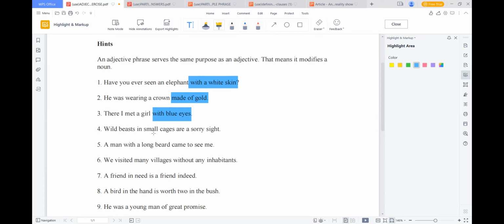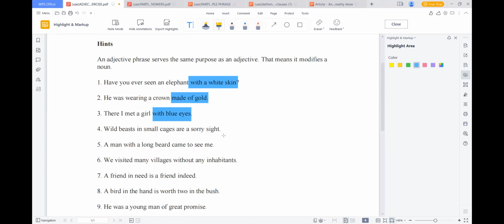Okay, can you read this one? Wild beasts in small cages are a sorry sight. Do you understand the meaning? 野生的动物在那个小的笼子里面. So what does sorry sight mean? Can you guess? If you guess wrongly, it's okay. 惨象, yeah, a sorry sight, right?